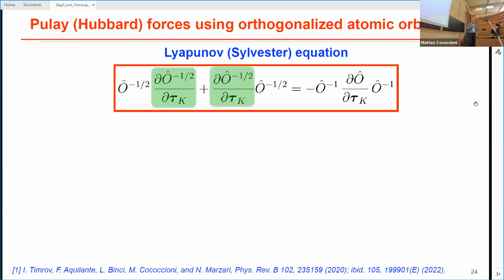But thanks to our colleague Francesco Aquilante, who is a chemist and good mathematician, he actually came up with a very nice exact solution where we need to solve the so-called Lyapunov or Sylvester equation written here, where in green I highlight the object that we want to compute.